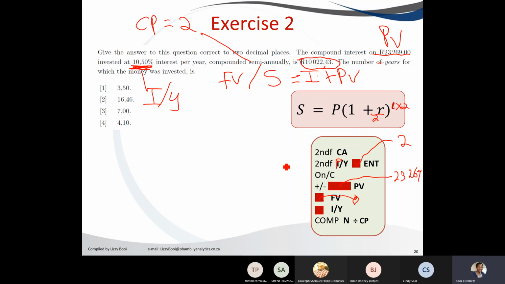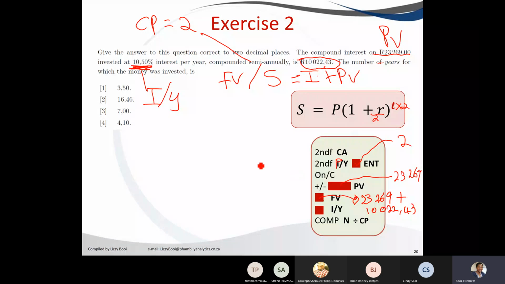Your future value, you should have calculated that. It will be 23,269 plus 10,022.43.